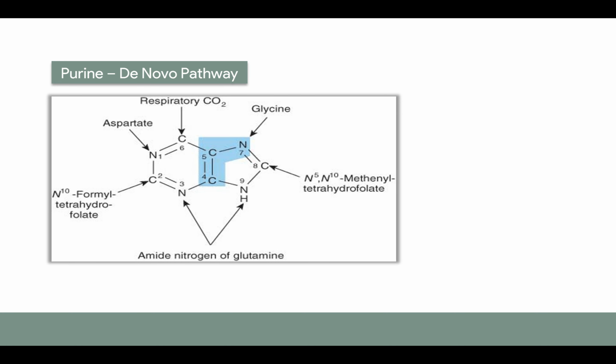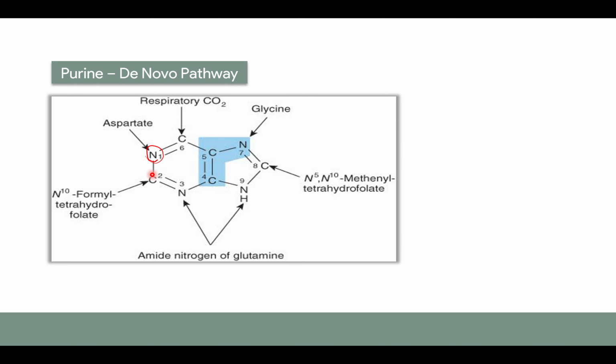Now let us look at the structure of the purine. As we know, purine is a bicyclic ring structure. Now we'll talk about the sources of the various atoms present in the ring structure. The first nitrogen atom comes from aspartate.